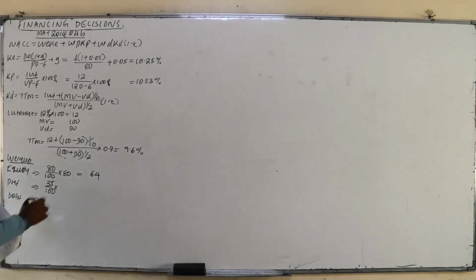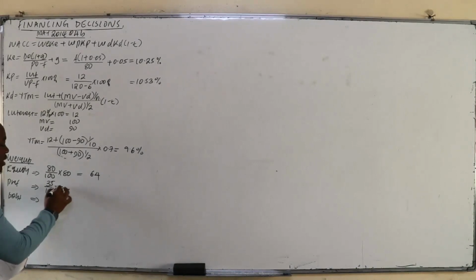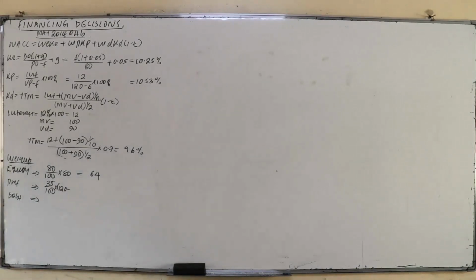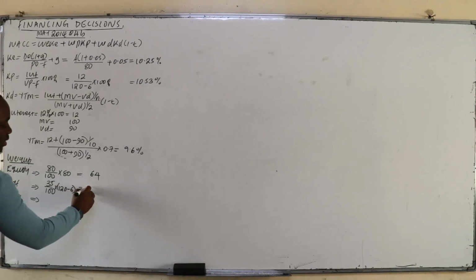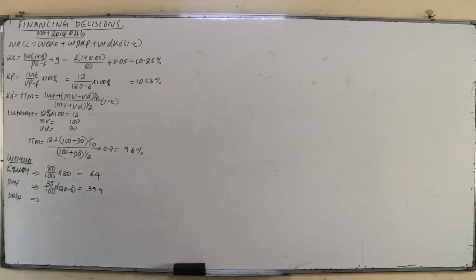Now, this is what you do. The current market price is 120, but there will be cost incurred of how much? 6. That means you'll get a net of 114 per share. So you take 0.35, you multiply by 114. That's 9.9.